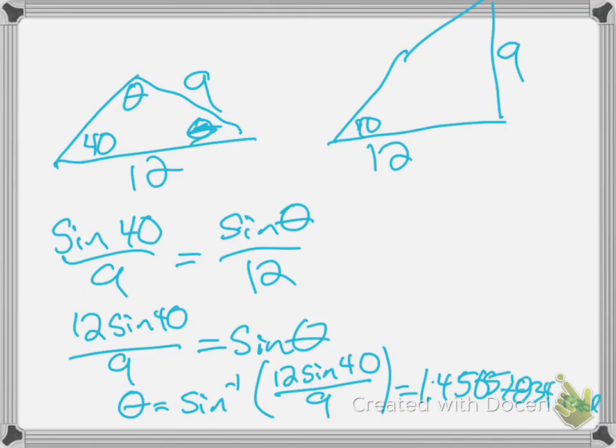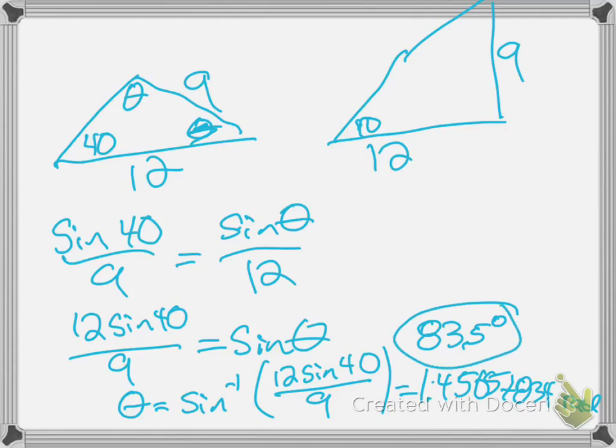Now I want this to be in degrees, so I'm going to multiply it by 180 divided by pi. And that comes out to be 83.45 degrees. So we'll just say approximately 83.5 degrees.